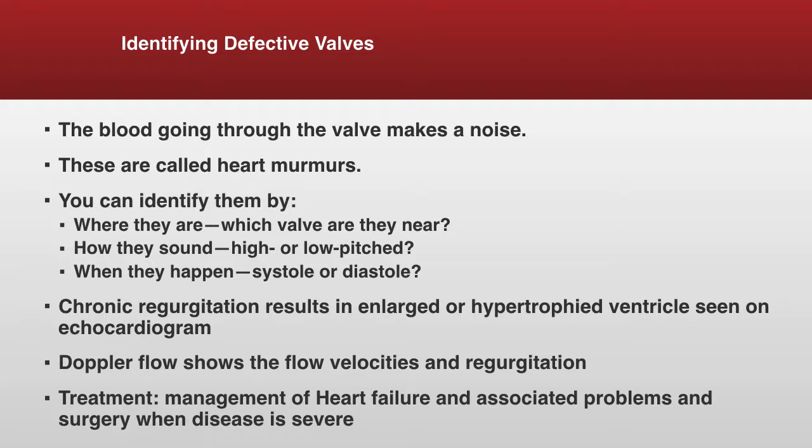Normally they do it in color, and so you will see blue and red going through because it senses the direction of the blood flow. It's really kind of a cool thing to see. If you ever have an opportunity to see an echocardiogram, definitely take that opportunity to watch them do that.